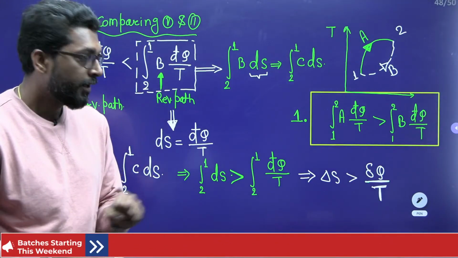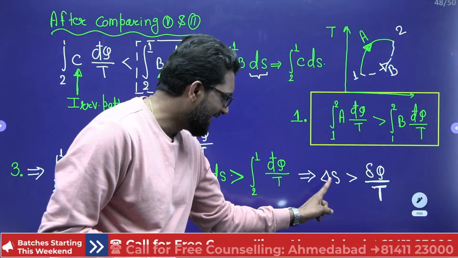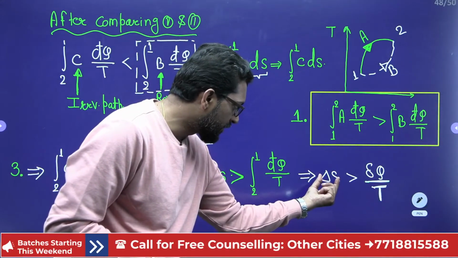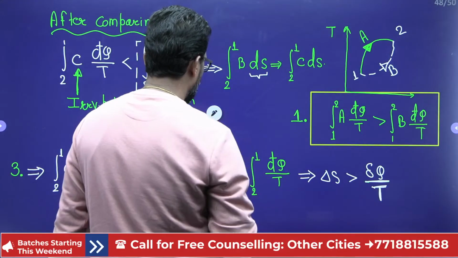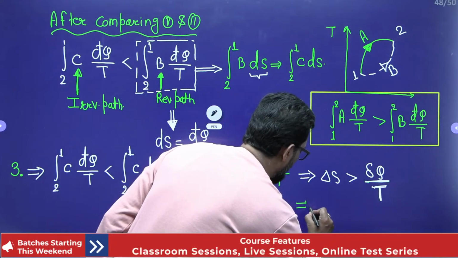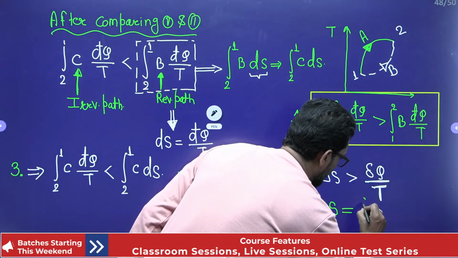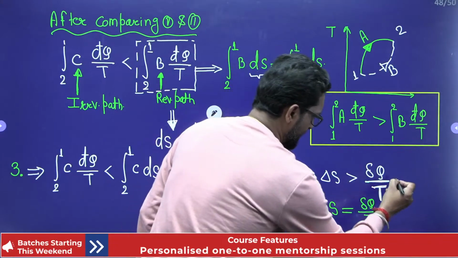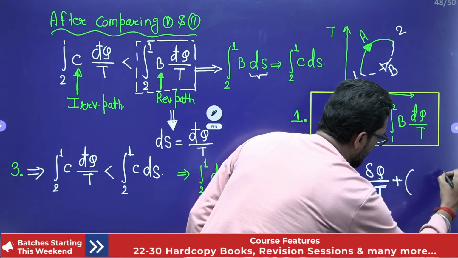Now, if we write equality, this delta S is for any process. So if you write equality with del q by t, you must add something here, a positive quantity.